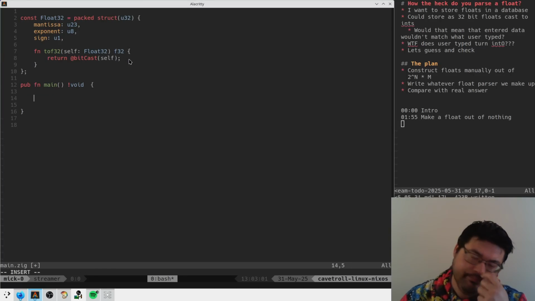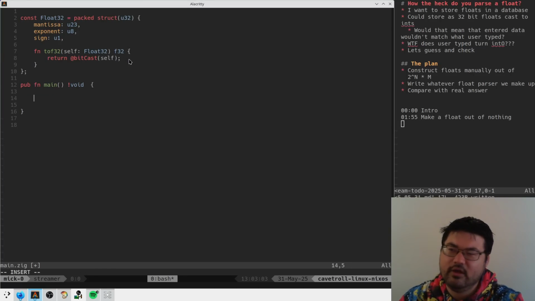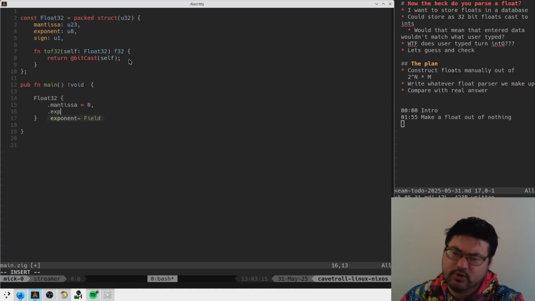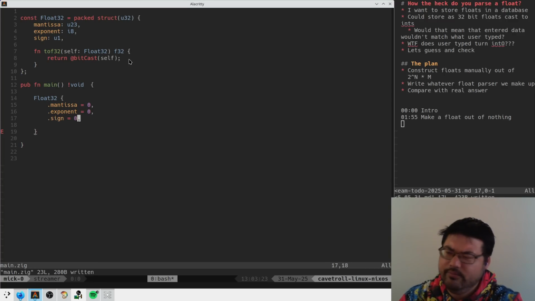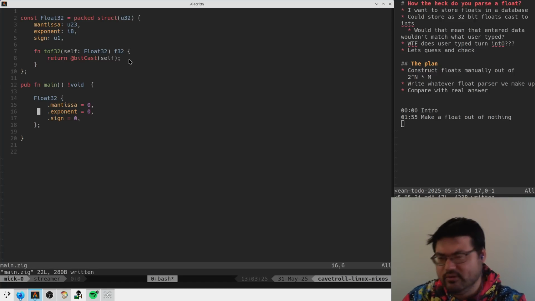So here, let's say we did mantissa 0, exponent 0, and this is actually an i8, right? We said this is signed, and sign is 0.